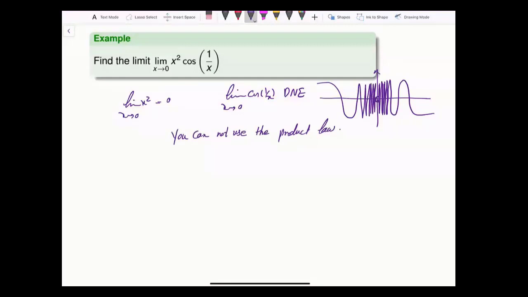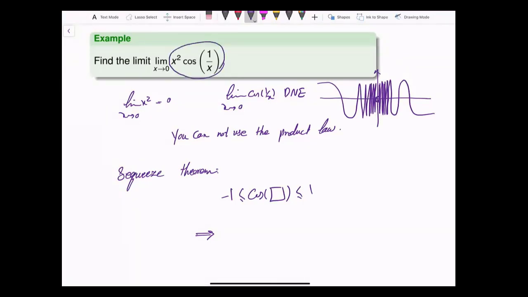How do we do that? This is where the squeeze theorem comes in. We know that sine and cosine, whatever you put in, is going to be a number between 1 and negative 1. I am interested in having x squared times cosine of 1 over x in the middle, so I will multiply both sides by x squared.